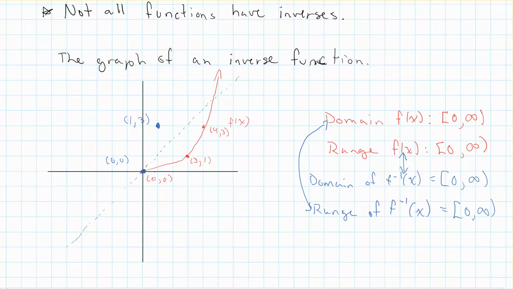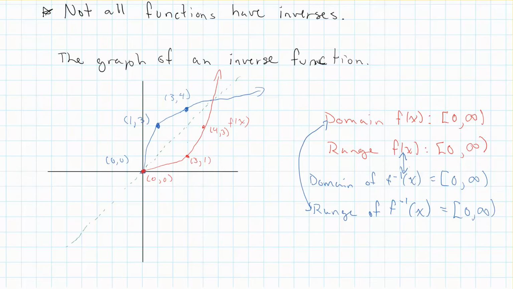So I'd have x is equal to 3, and then y is equal to 4. Right there. And then I could sketch a graph between these guys, and it would look something like this. Not the best sketch, but it looks like something like that.